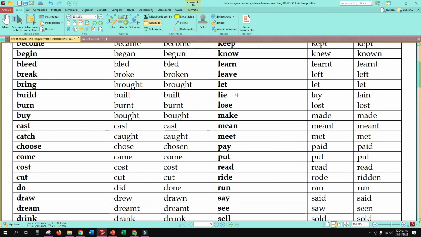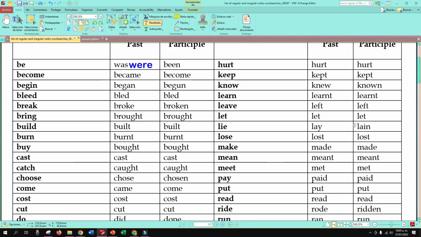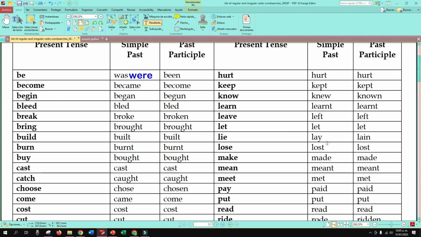Also, we have this one: let, let, let. That is an irregular one, right? And you will have almost the same thing. You are going to know from the context if it is present, if you're talking in past or in past participle. Look at this one: let, let, let. That is almost the same.